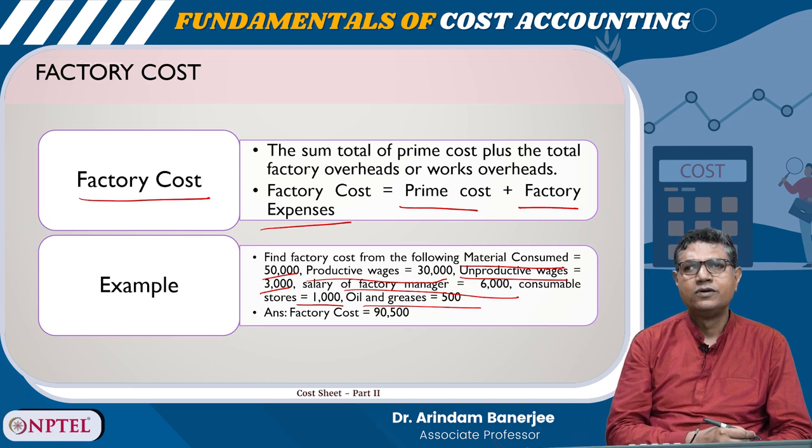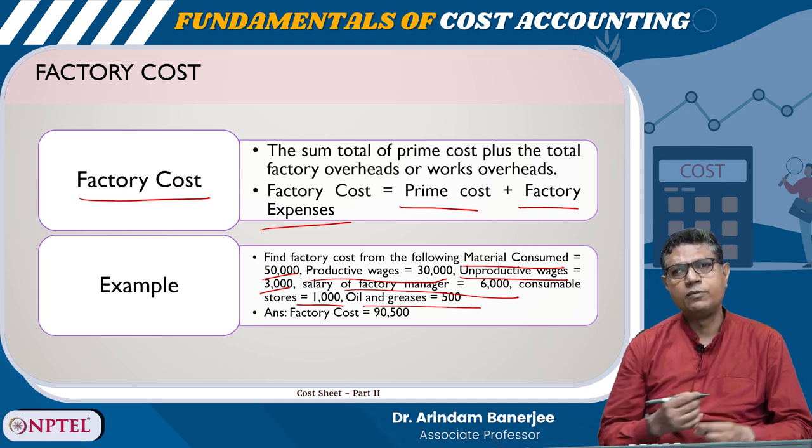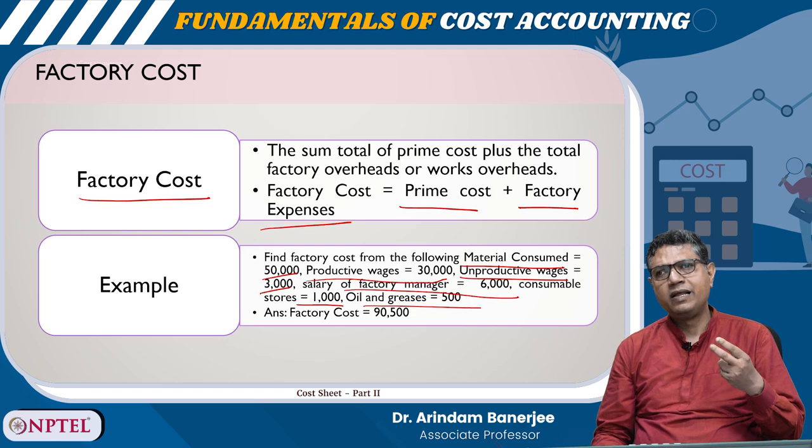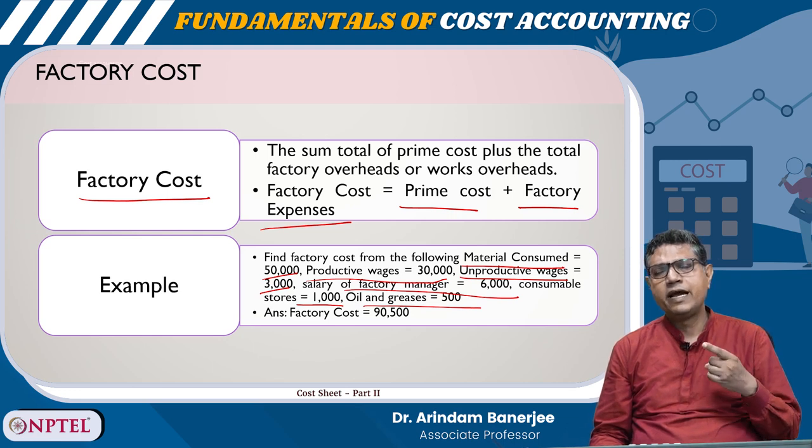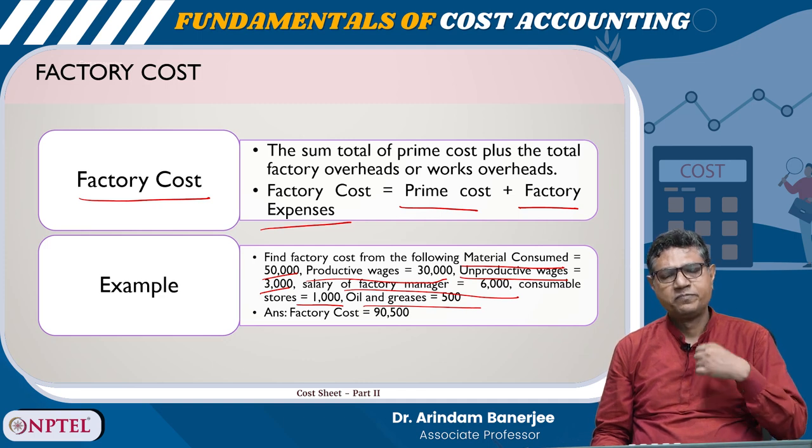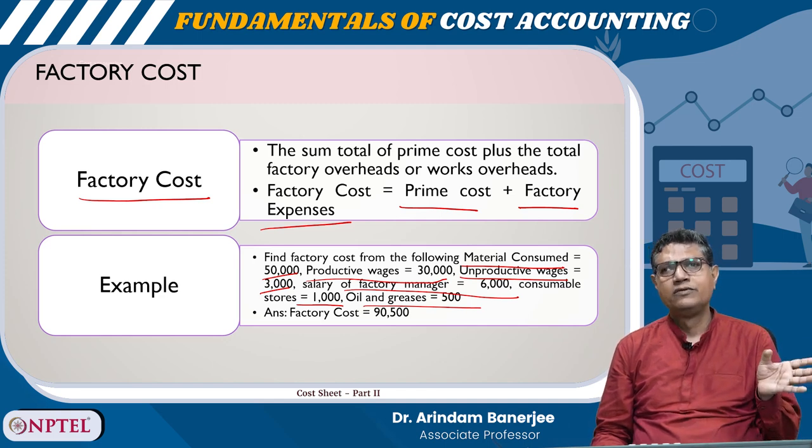Overhead is the sum of indirect material plus indirect labor plus indirect expenses. Indirect expenses are those which you cannot assign directly to the final product. Indirect labor is any salary or wage paid to an employee or worker which you cannot directly assign to the final product. Unproductive wages also.